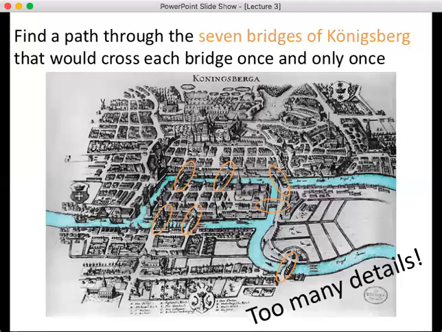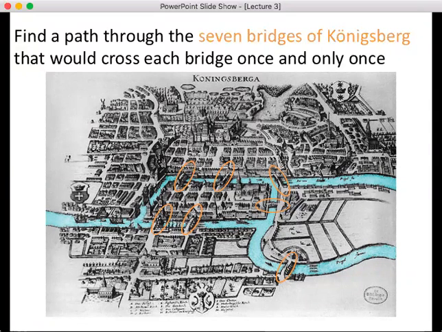So the question that I want to ask you is, can you solve this riddle? Try to think for a few seconds. Can you find a way to walk through all the islands, crossing each bridge once and only once? For example, if I start from here, I can cross this bridge, go around, cross this other bridge, then go here, cross this bridge, and that's all fine.